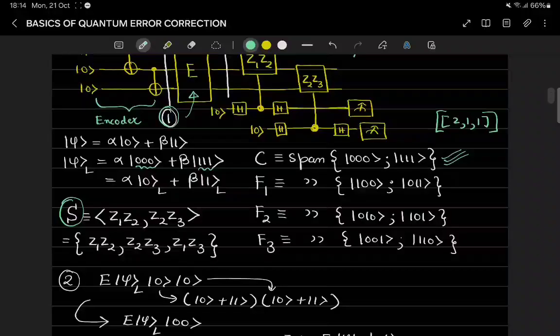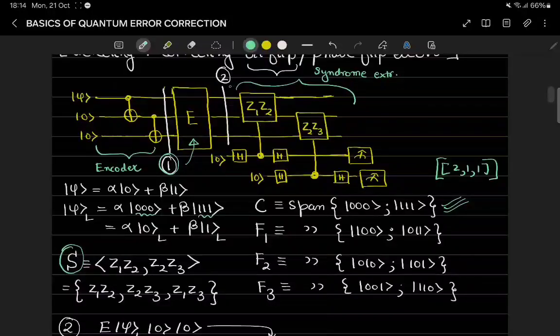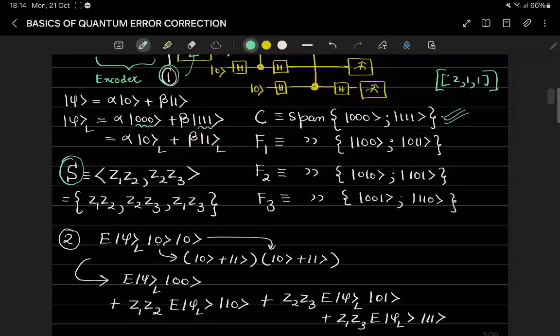So what happens is we introduce error E after the step 1, and at the step 2 what we are doing is we are taking two ancilla qubits. So these ancilla qubits are 2 in size, and they correspond to the size of the stabilizer generators.